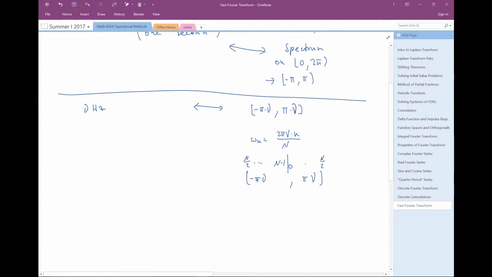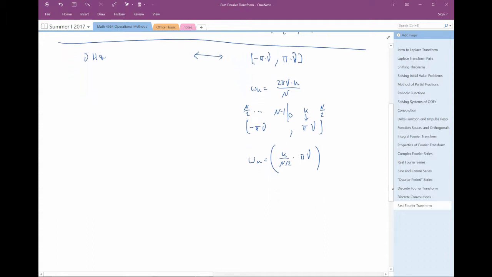So if I have a kth element here, then this is exactly k over n over 2 times pi nu part of the frequency spectrum that we can capture. So that means it's going to be 2 pi k nu over n when you simplify.